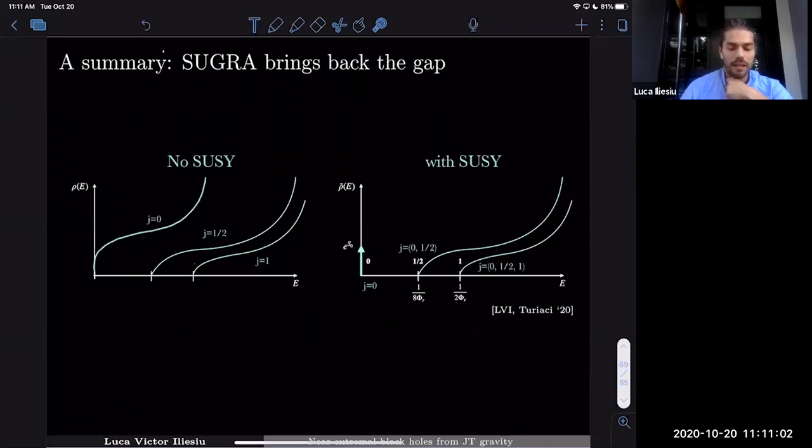For the case of supergravity, we've actually found the gap. We suggest that e to the S0 actually counts the degeneracy of the extremal state, which is exactly something that's predicted by, for instance, Strominger-Vafa, right?